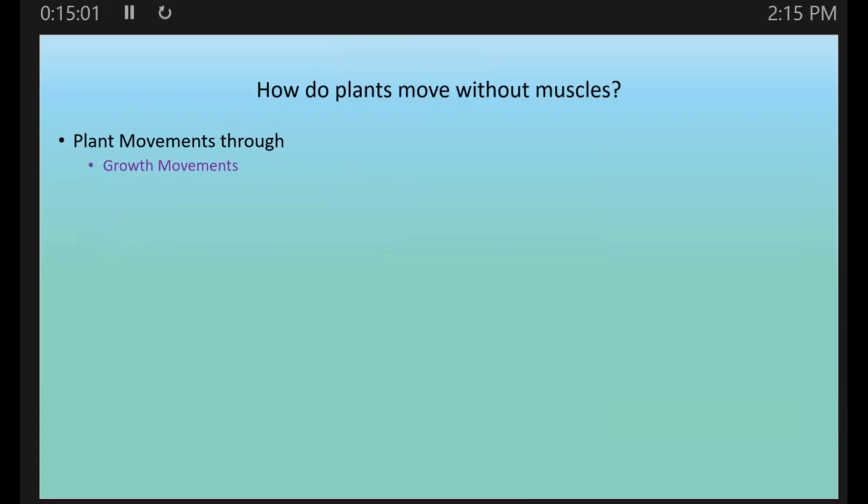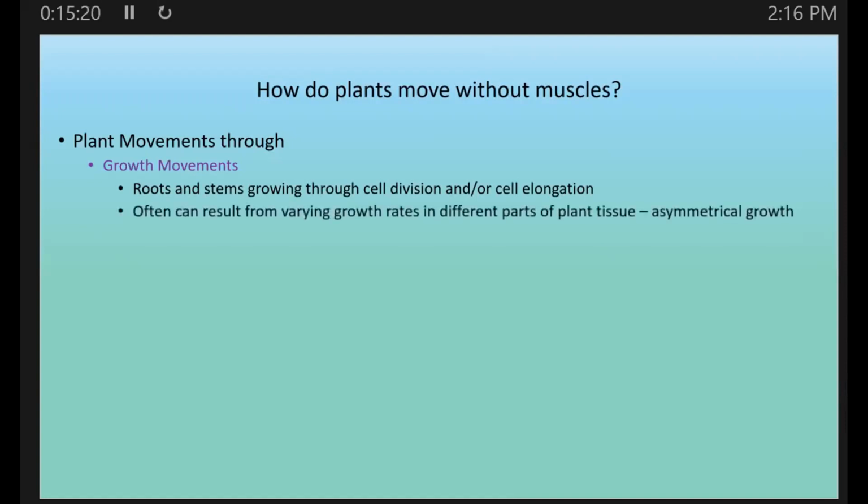And that's allowing them to move toward a nutrient source. And so this is going on mainly through cell division, just adding to the tissue. But you can also see cell elongation playing some kind of role in that as well. And again, often you'll see it can be very asymmetrical, and I'll show you some examples of that.